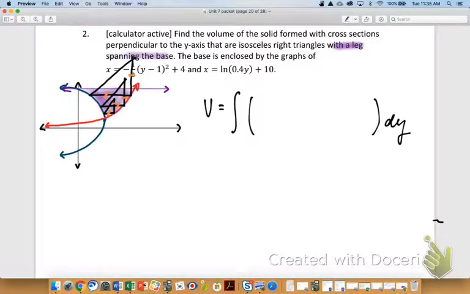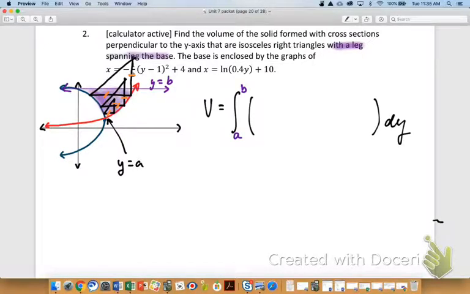Then my limits of integration, I'm just going to fudge these here because if we had them, we'd be able to put the numbers there. What I'm going to say here is that this intersection point is y equals a, and my purple line up there is y equals b. So wouldn't I accumulate these triangles from a to b? Okay, so I'm going to accumulate from y equals a to y equals b.